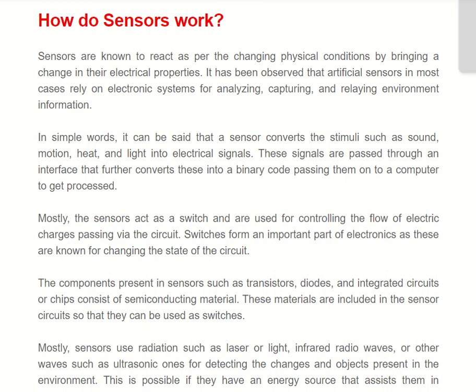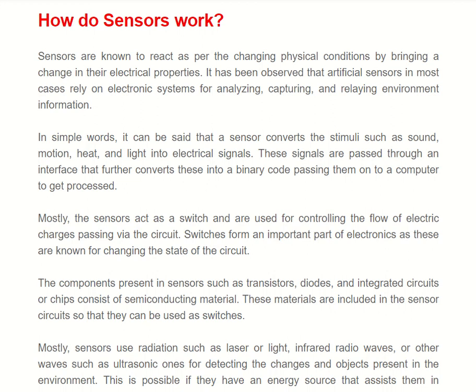Most of the time these sensors act as switches and are used for controlling the flow of electrical charges passing via circuits. Switches form an important part of electronics as they are known for the change of state of the circuit.